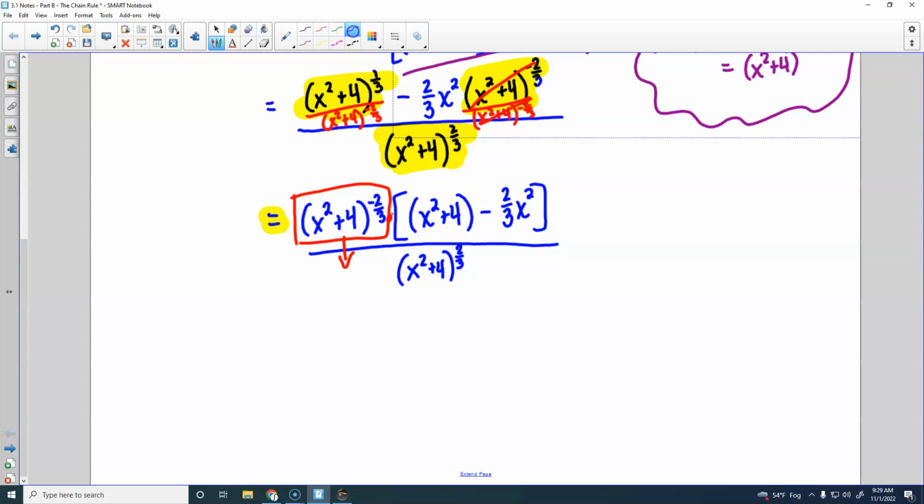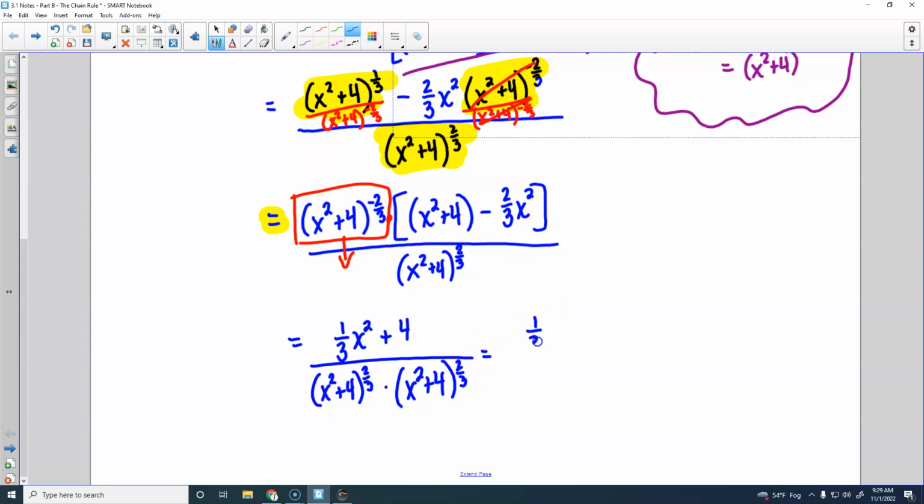Okay, and then we can simplify what we have here. So we have x squared minus 2/3 x squared, which is going to give us 1/3 x squared plus 4 in the top. We got x squared plus 4 to the positive 2/3, and then we already had x squared plus 4 to the positive 2/3.